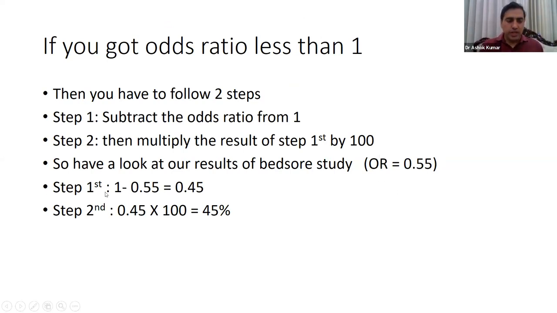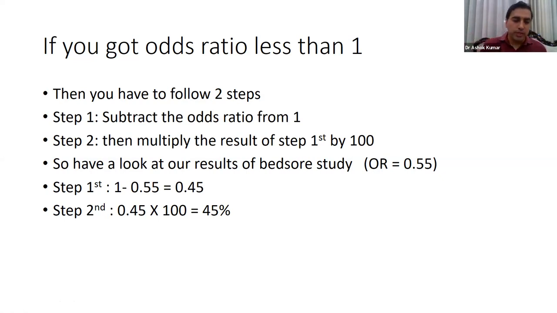First, we subtract this odds ratio from 1: 1 minus 0.55 comes to 0.45. Then in step 2, multiply 0.45 by 100. It is 45% less development of bed sore in the intervention group compared to the control group.